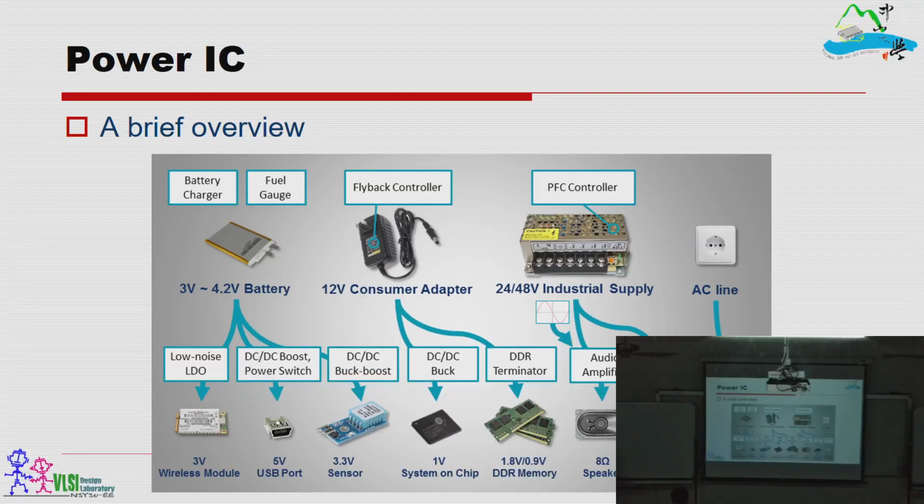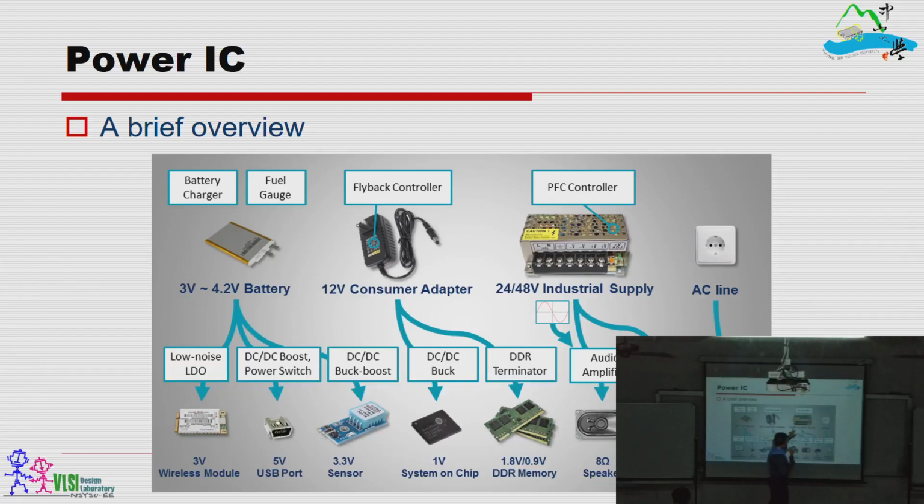Since I emphasize how important power is, I'll give you some examples. This is just for those ICs in the car, because the battery voltage of a car is about 24. It's not 5, it's not 3. So you need to bring down the power supply voltage so that other components can use it. You need a lot of converters, down conversion. This is a battery, so you need an adapter. This is what you see in the car.